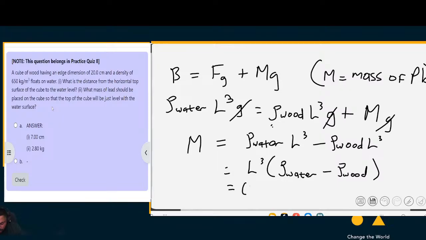So here you have 20 times 10 to the negative 3, and then the density of water is 1,000 minus that of the 650, and that should give you 20 times 250, which is 500. Oh no, it's 0.65. Rather just leave it like that. That is the answer.